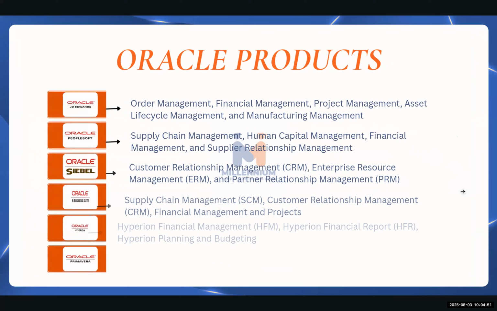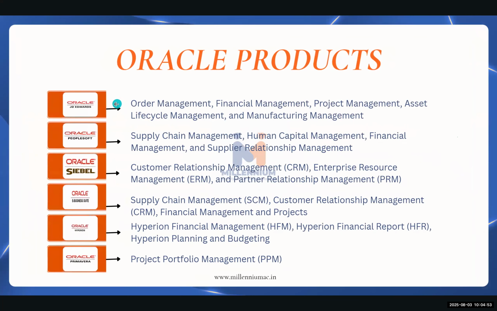So here you can see JD Edwards is good at order management, PeopleSoft at human capital management, Siebel at customer relationship management, Oracle itself at financial management, Hyperion at financial management, and Primavera at project portfolio management.